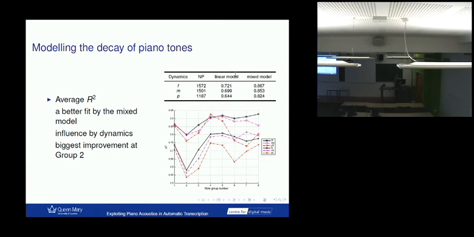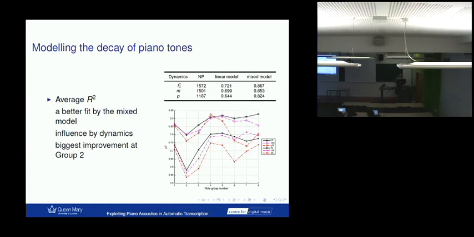So here is the result. This is for the forte dynamics, which means the loud sounds. We have 572 partials tracked like this.